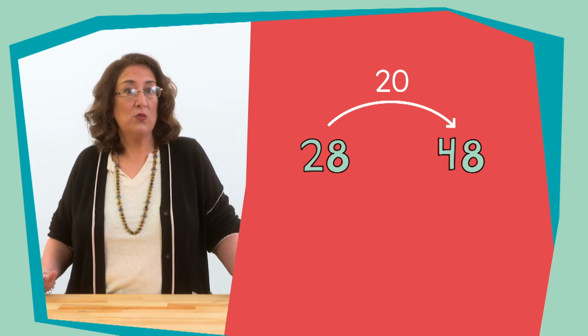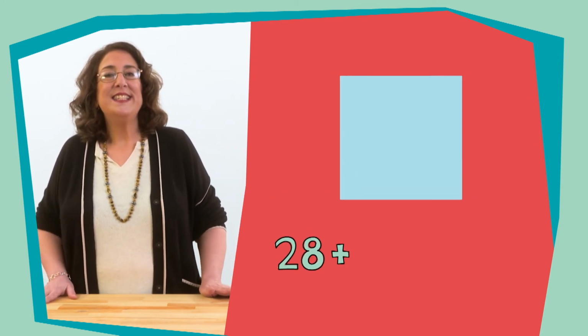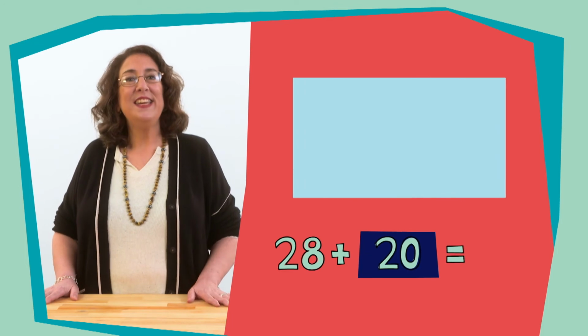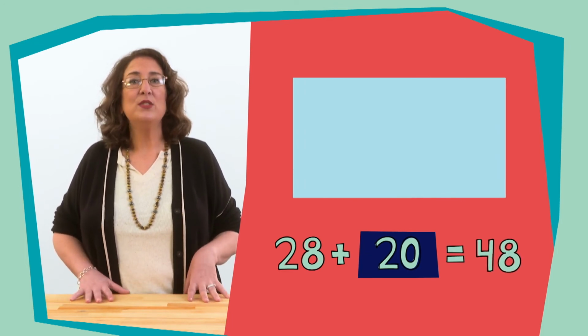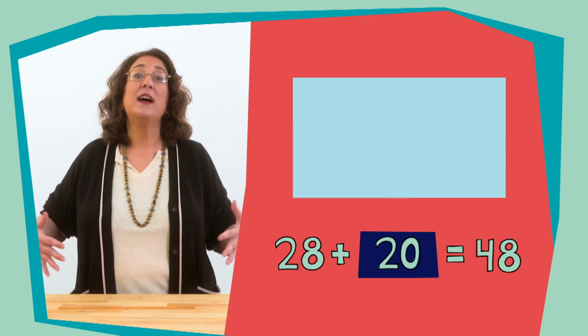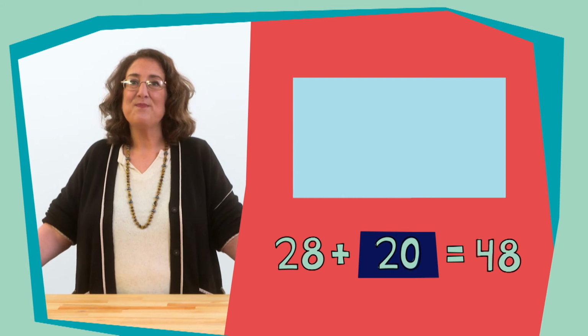Now that we know the difference between 28 and 48 is 2 groups of 10, or 20, that means the missing partner is 20. Moesha's grandma sewed on an additional 20 inches of blanket to the original blanket that was 28 inches to make a total length of 48 inches.